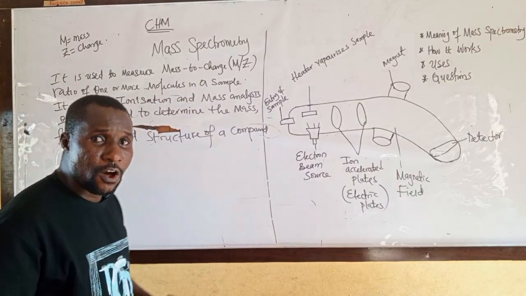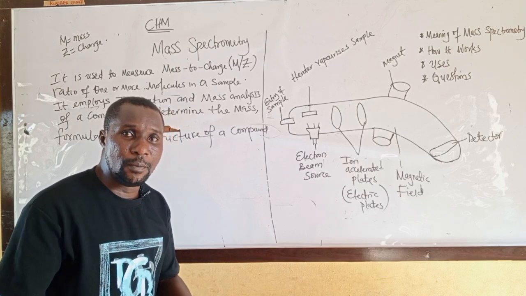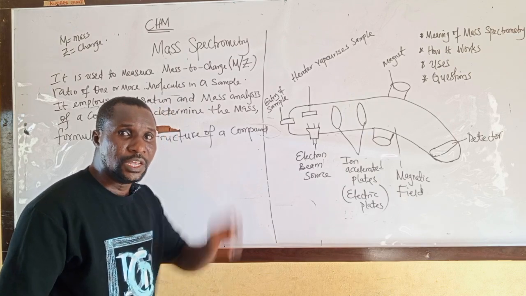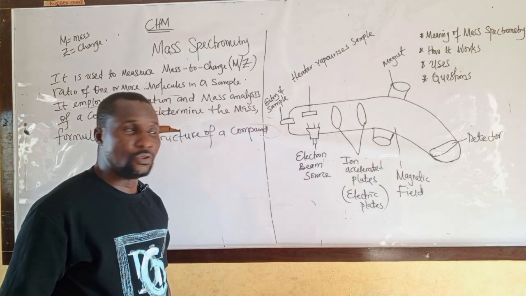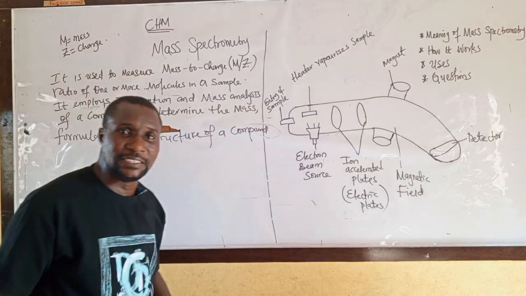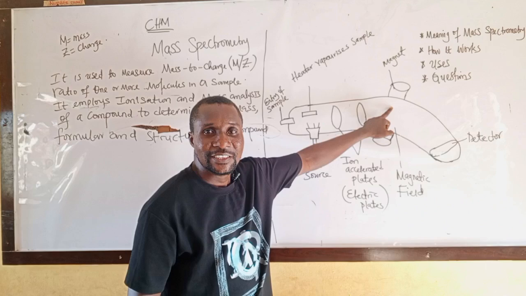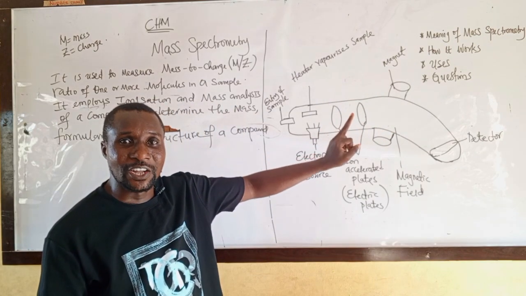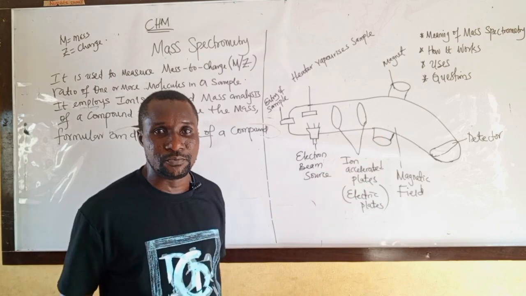That means for you to determine the structure, the formula of the molecules, or the isotope of the molecules, the sample must be ionized. It employs ionization and mass analysis. When we get to this stage, you will see how it is used to analyze the mass of a sample.